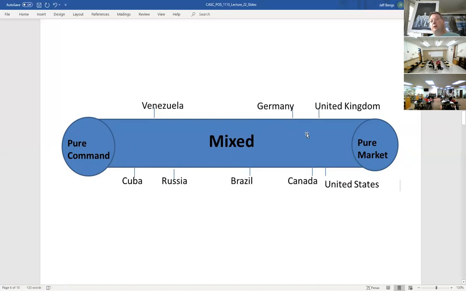These countries are leaning towards laissez-faire. Pure command economy is basically an economy that is purely commanded or controlled by the government. So you can see that Cuba, Venezuela, Russia, they all lean towards this way.